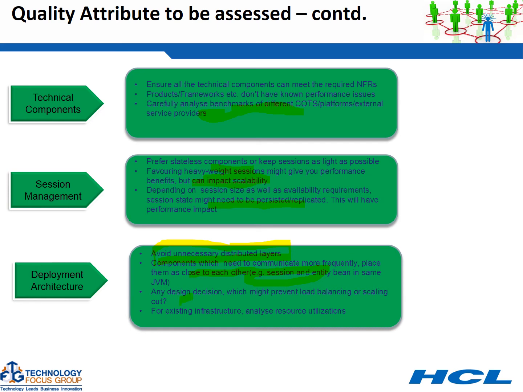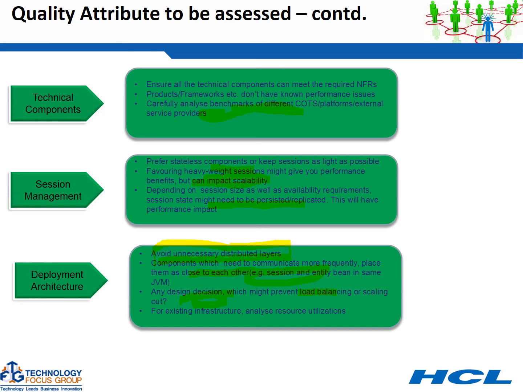And always see if there are any design decisions which can prevent load balancing or scaling out. For example, you have implemented a piece of your design which runs only on one of the servers.